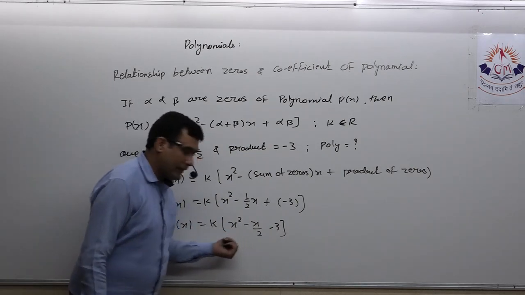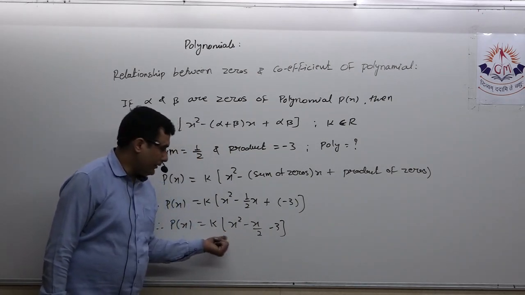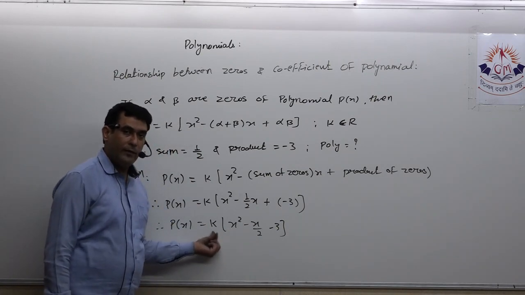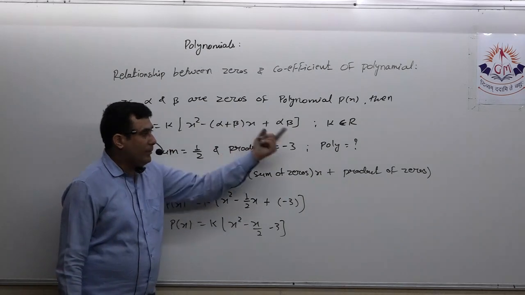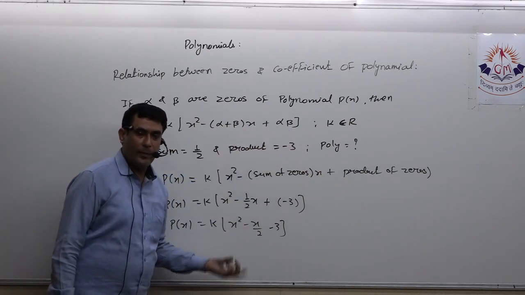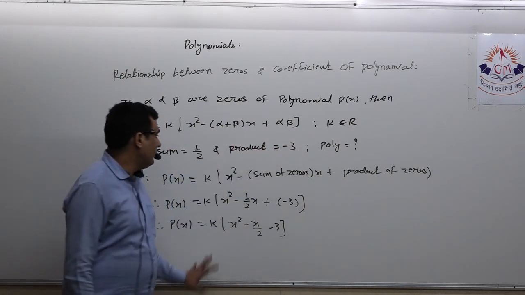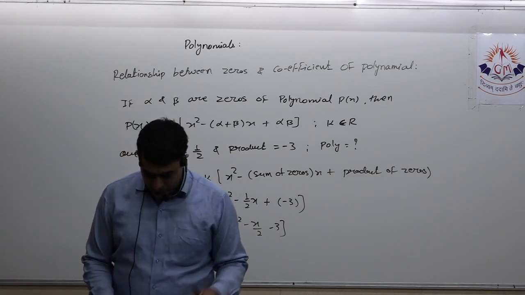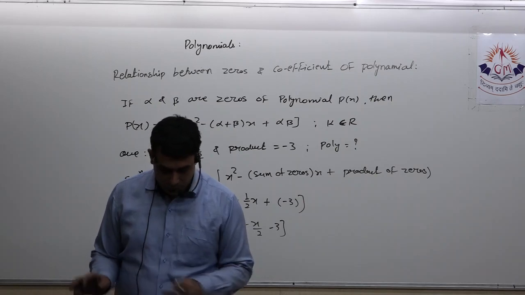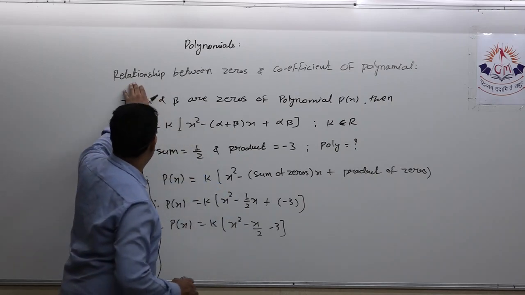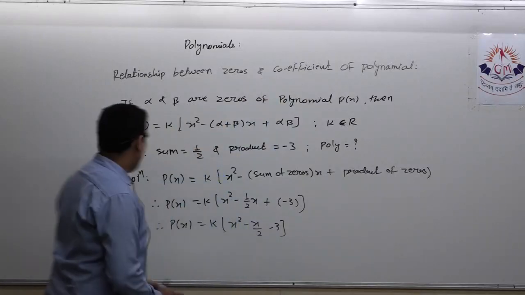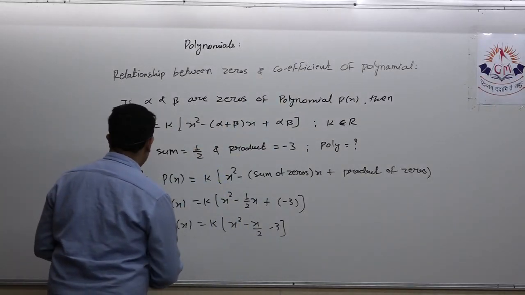At the most you can take the LCM, but this k remains as it is. When you take the LCM, this 1 by 2 becomes k by 2, and if k belongs to real numbers, definitely k by 2 belongs to real numbers. So this is the second type of question that can be asked on the relationship between zeros and the coefficients of the polynomial.